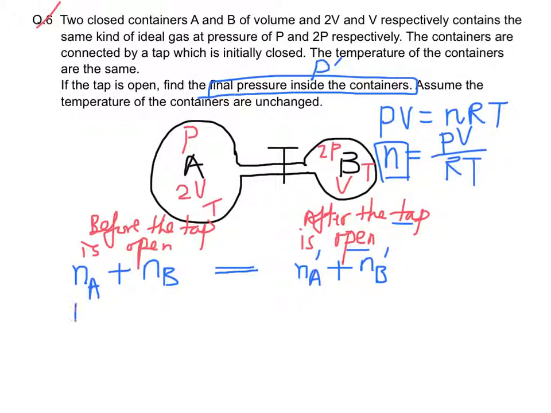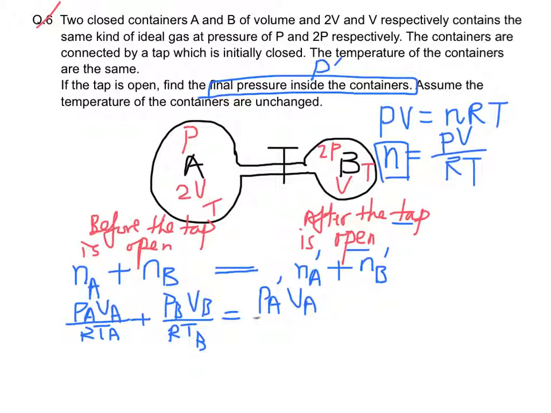Therefore, we got PA VA over RTA plus PB VB over RTB equal to P'A V'A over RT'A plus P'B V'B over RT'B.